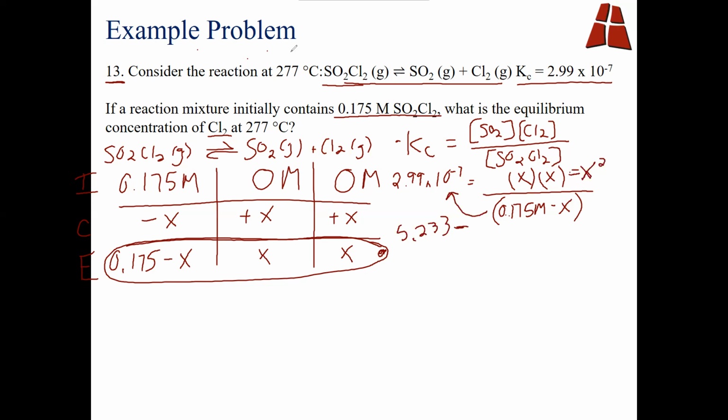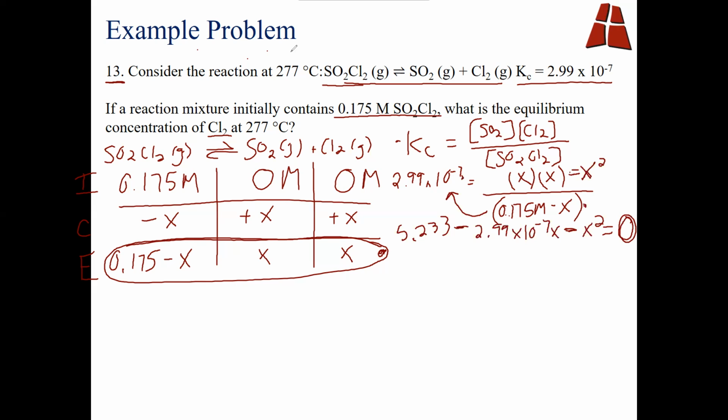This will then, if we distribute this term in parentheses through our Kc value, give us minus 2.99 times 10 to the minus 7 x. And then if we also subtracted over our x squared value, we would subtract x squared, and ultimately this would be equal to 0. Okay.